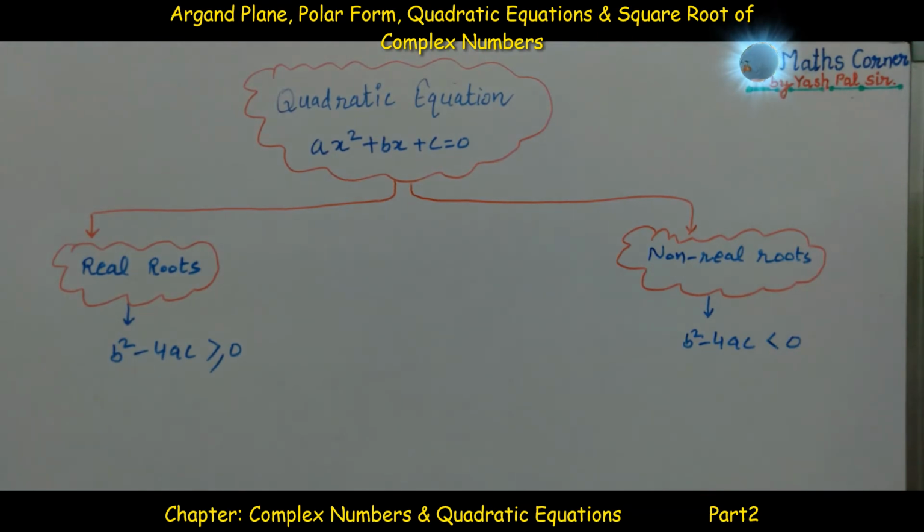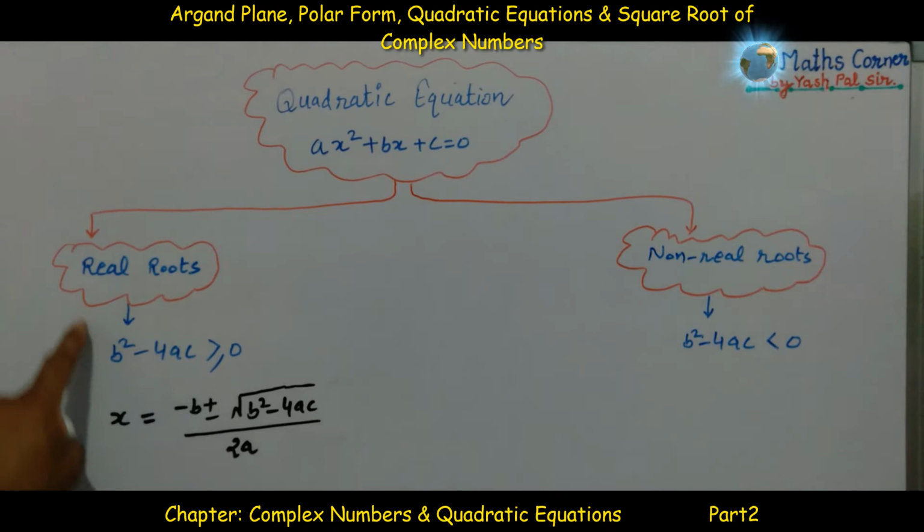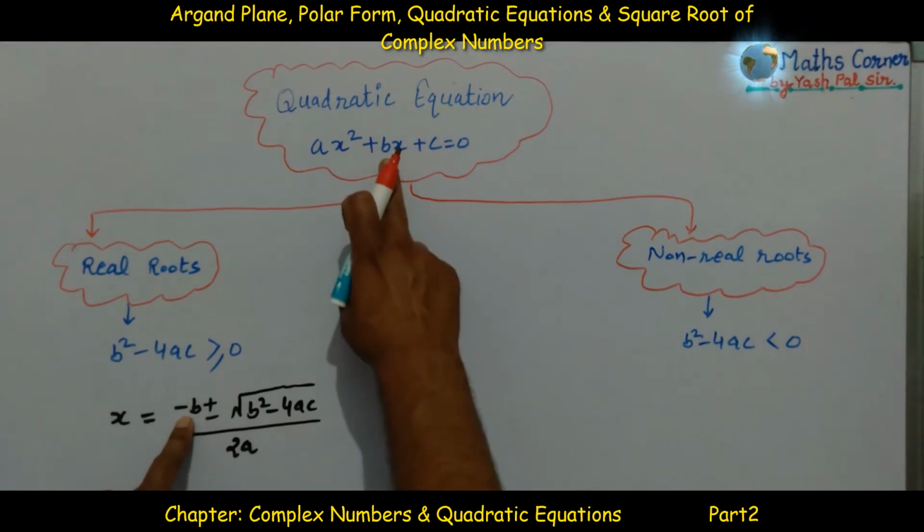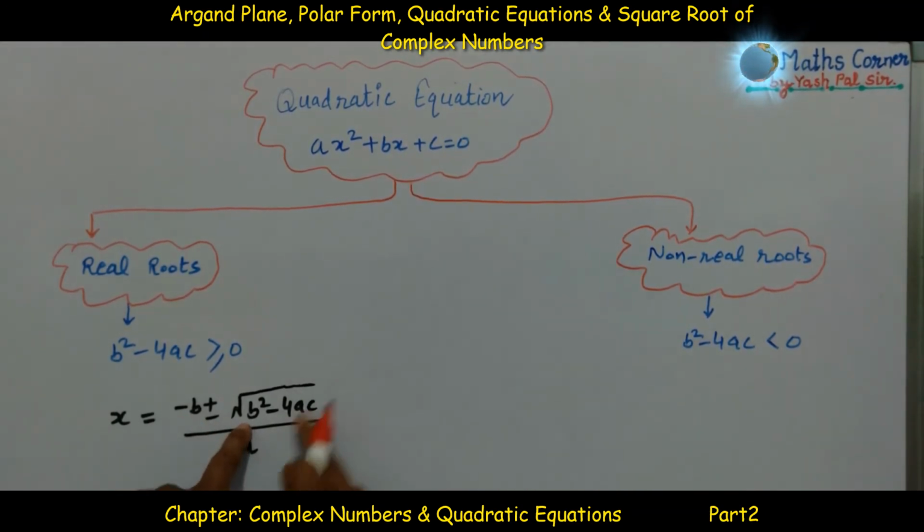Now up to class 10 we have studied that if roots are real, that is, b square minus 4ac is greater than or equal to 0, then the value of x is equal to minus b plus minus square root of b square minus 4ac, whole divided by 2a. This way we get the roots of the quadratic equation.